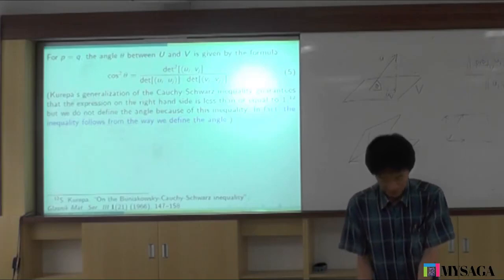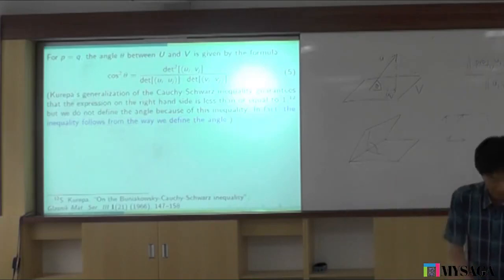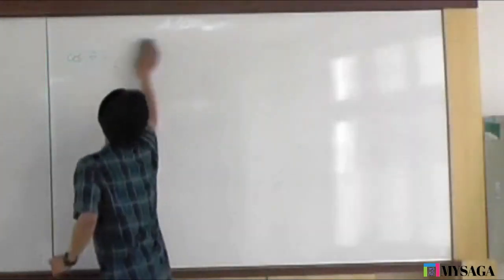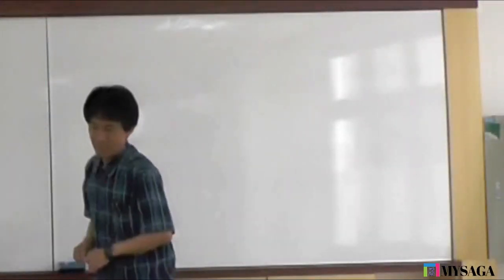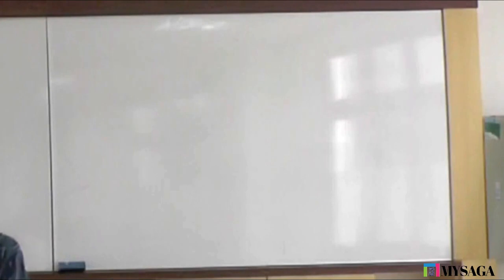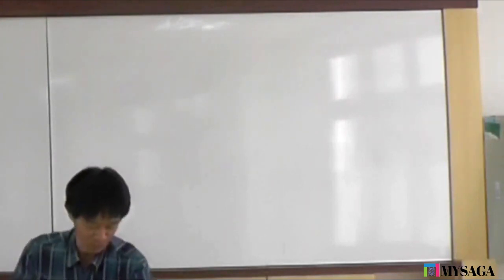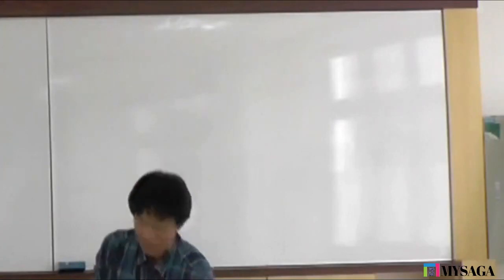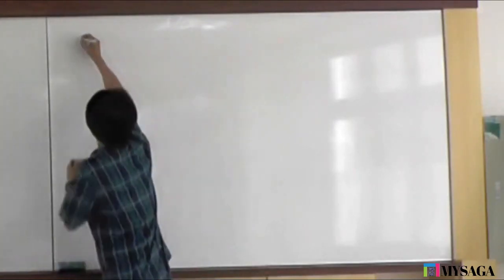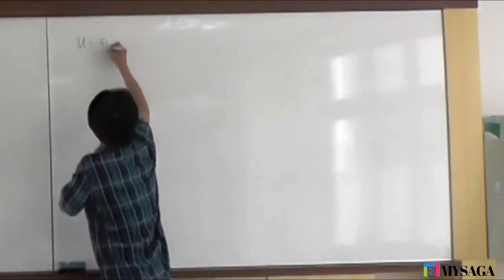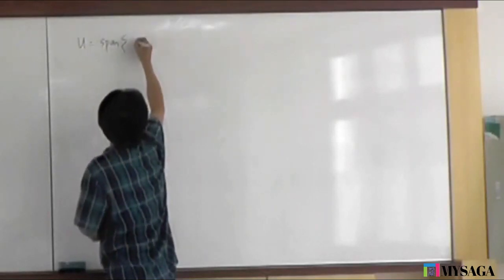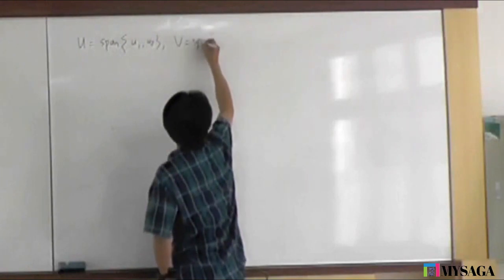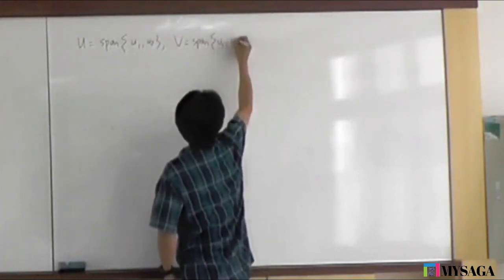So, for simplicity, I will just show you 2 by 2. Okay, I don't want to write too many. So let U be the span of u_1 and u_2, V the span of v_1 and v_2.